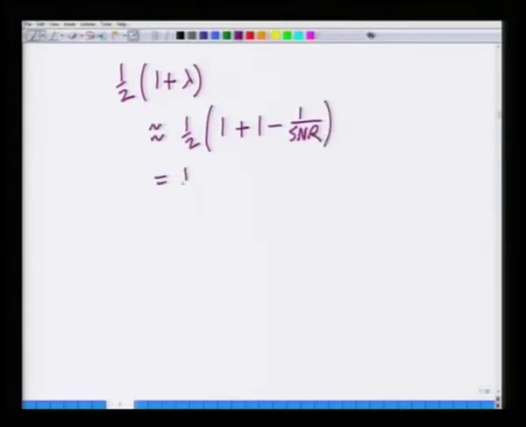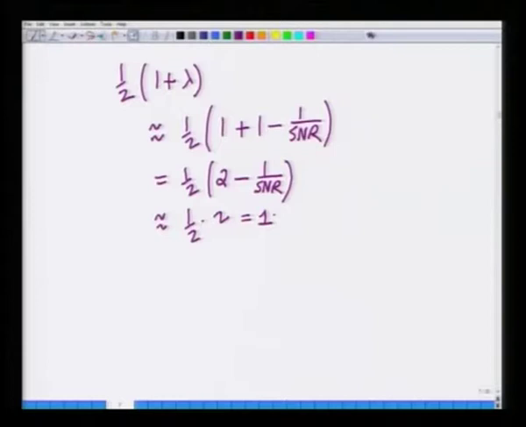This is equal to half times 2 minus 1 over SNR. As SNR increases, 1 over SNR becomes smaller and smaller, hence it is small in comparison to 2, hence this expression becomes half times 2, which is essentially 1.